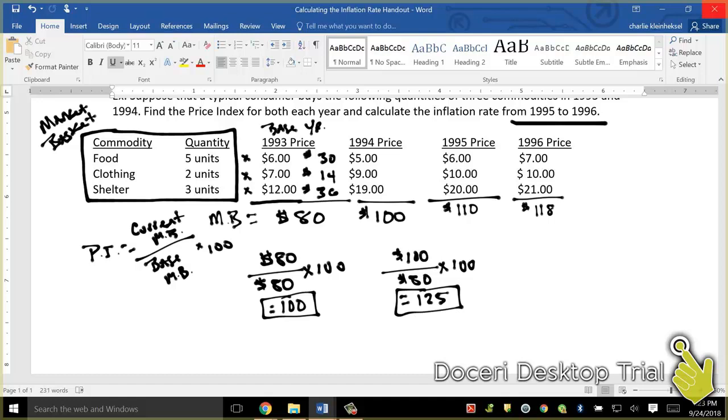I'm running out of room on this thing. It's all right. All right, 1995, we're going to do the same thing. Current market basket value is 110. Base is 80 times 100. That gives me a price index value of 137.5.